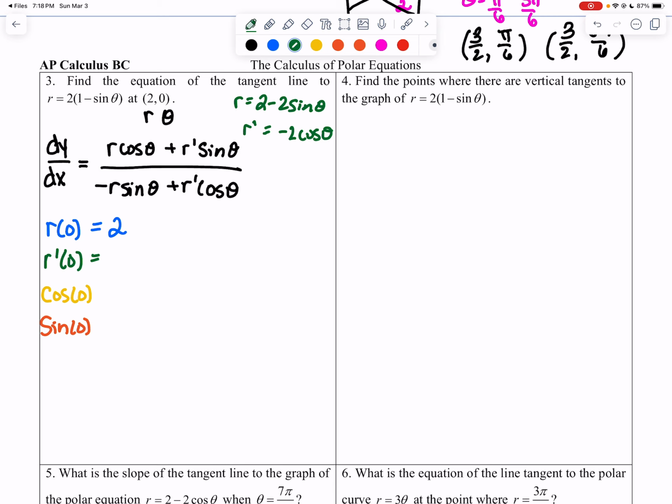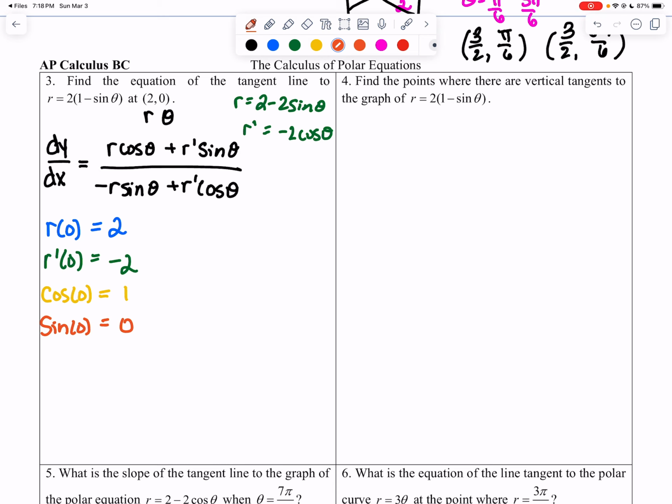And then if I'm plugging in 0 for cosine, I'm going to get 1. So that means that r prime of 0 is going to give us negative 2. Cosine of 0 is just going to give us 1. And then sine of 0 is going to give us 0.